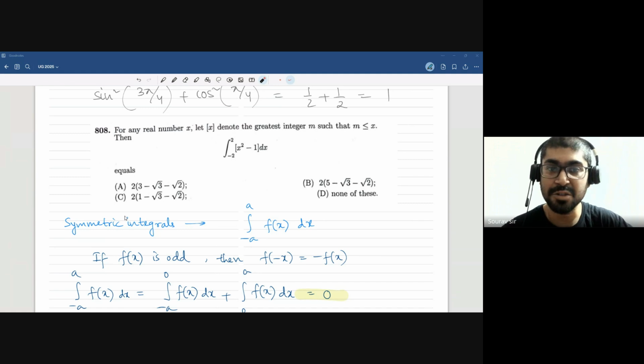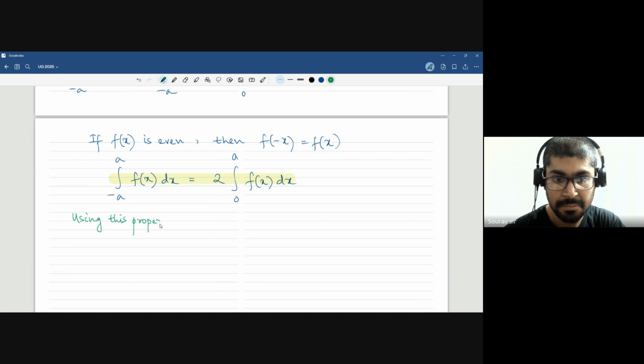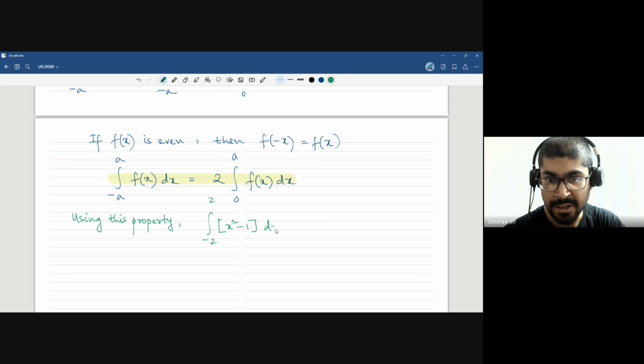All right, now minus 2 to 2 of the greatest integer function of x square minus 1, using this property, integral from minus 2 to 2 of [x square minus 1] dx is equal to twice the integral from 0 to 2 of [x square minus 1] dx. Now you can apply the properties of the greatest integer function.